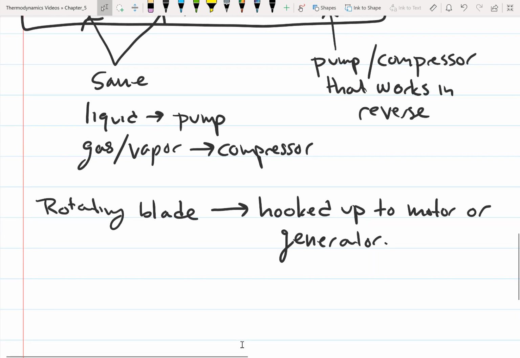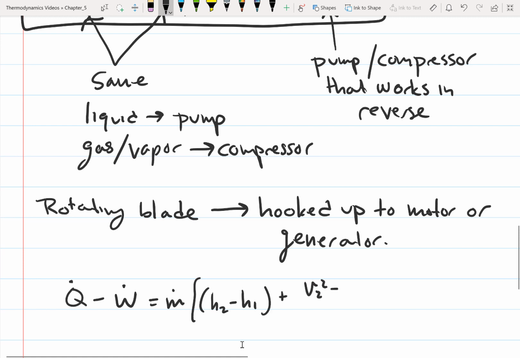And let's just go back and rewrite our equation, so this is our first law, energy balance, for single stream steady flow. So Q minus W is equal to m dot times H2 minus H1 plus V2 squared minus V1 squared over 2 plus g times Z2 minus Z1.